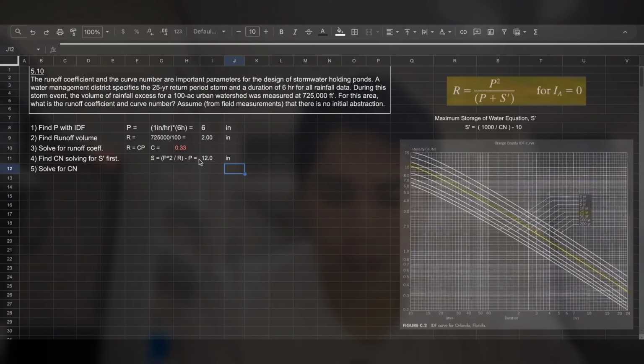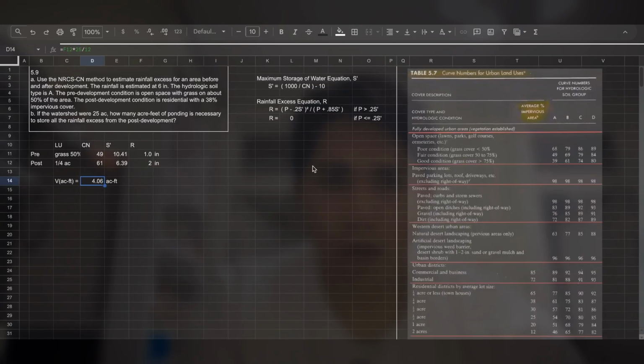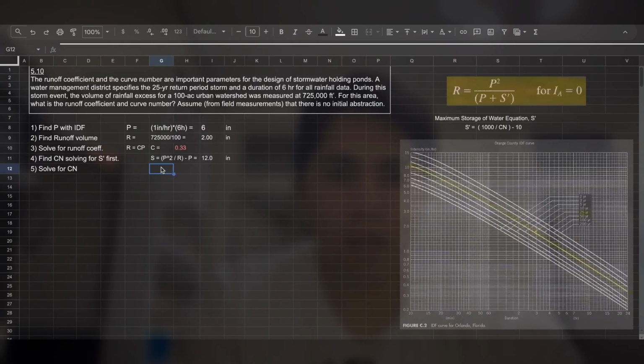Now we need to solve for the curve number, and to do that we use the same equation that we have used over here, because now we have S. If we move things around, we get that the curve number equals 1000 divided by S, the storage value, which is 12, plus 10, and it gives us about 45.4.